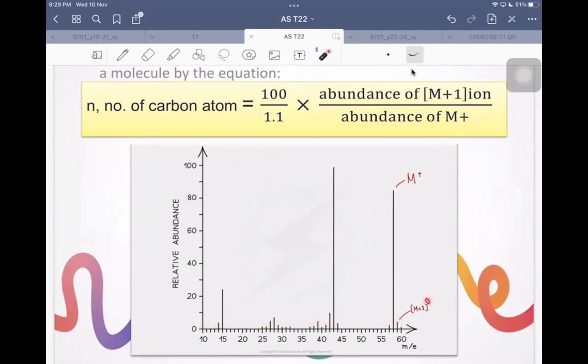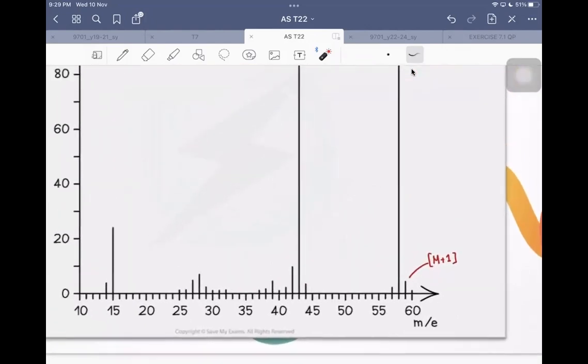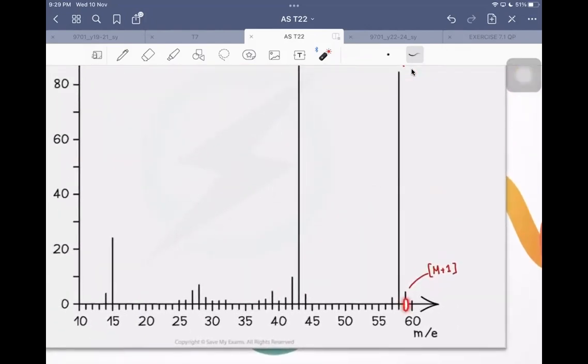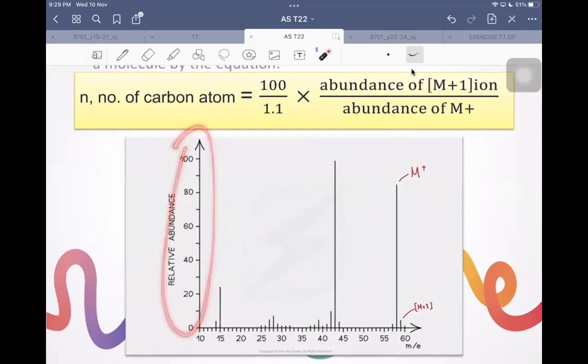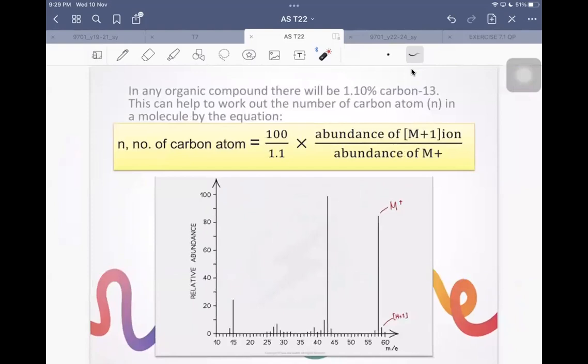So the 3% goes here as abundance of M+1, and then the 85% goes to the bottom number. Students always think it's the X values, not 59 over 58. It is the Y values. So be careful because your Y axis is your abundance. So that's the formula that you're going to use. In any organic compound, there will be 1.1% carbon-13.